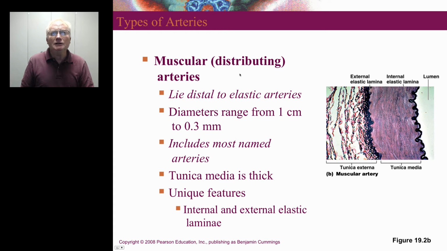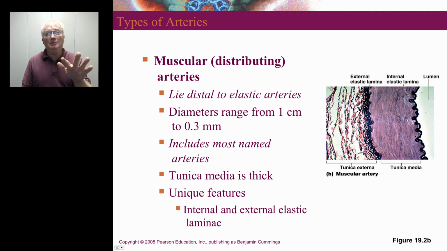Next are muscular arteries, or distributing arteries. They have a lot of smooth muscle in their tunica medias, and they are a major site of control of regional blood flow because the smooth muscle here can contract, causing vasoconstriction, causing increased resistance, causing decreased blood flow to the arms, for example, when we're not using them, and where we're using the legs.